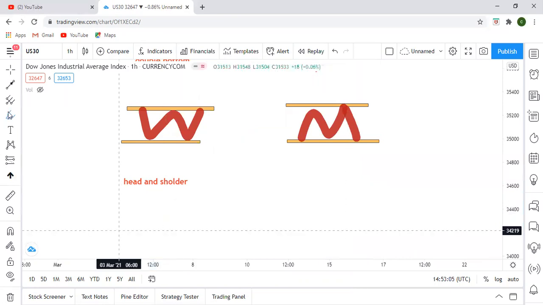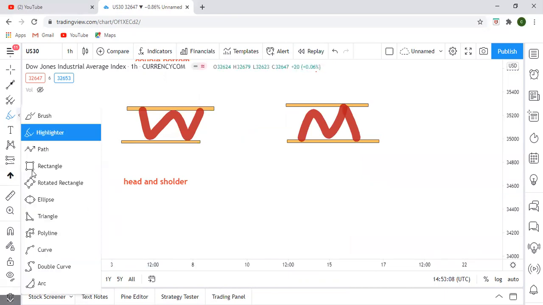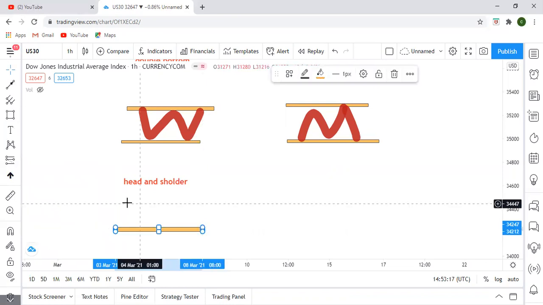Before we draw your head and shoulder, let's take our trend line so that it can give us a guide, so that we can get our rectangle. Let's do our rectangle like this.